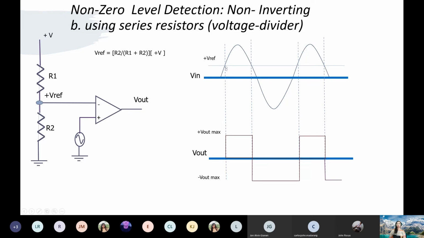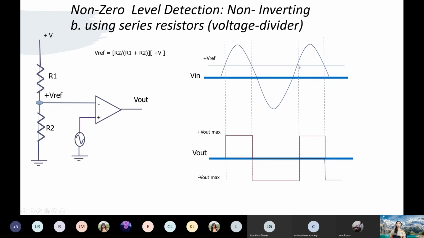So with a positive input, you'll have positive output when you cross Vref, and it stays that way up until here. Once again, if the input voltage crosses the reference voltage, you'll have negative output from here up until here.